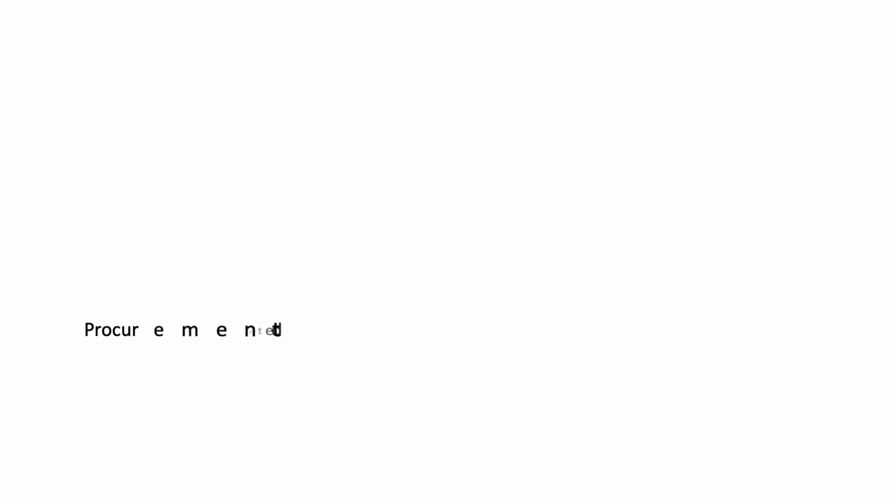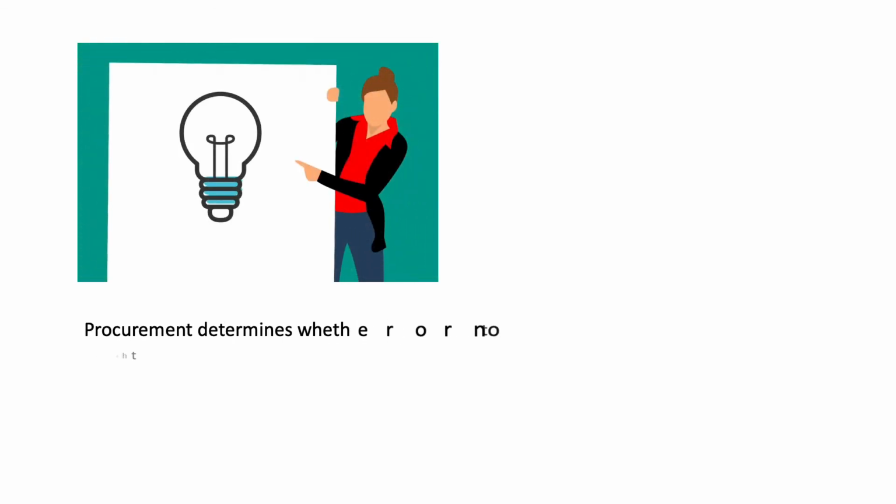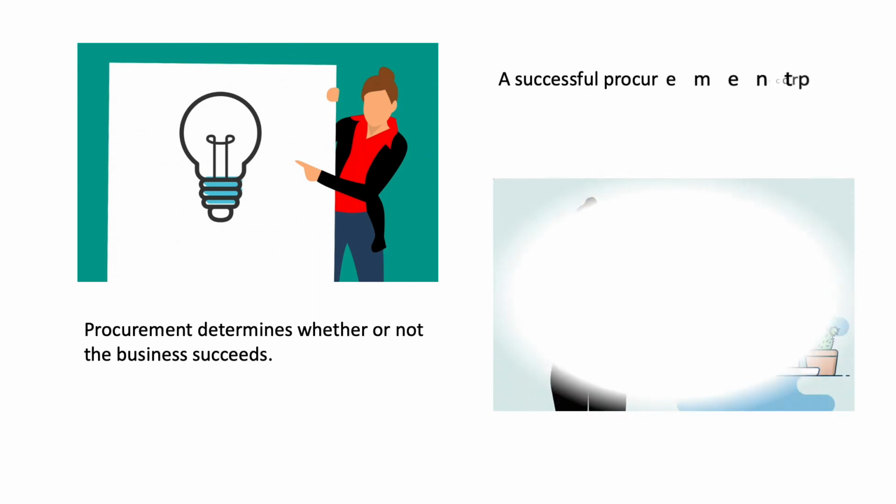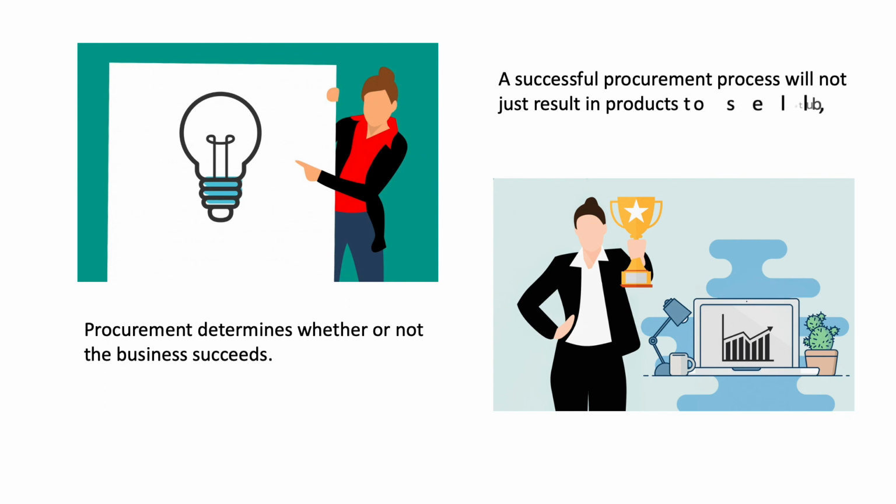Put simply, how Vanilla manages procurement determines whether or not the business succeeds. Throughout the procurement management process, the cost of goods sold is established. This will determine the profitability, pricing structure, brand position, and so many other key components of the business. A successful procurement process will not just result in products to sell, but a clear understanding of the cost.